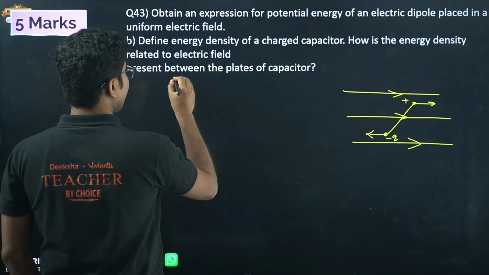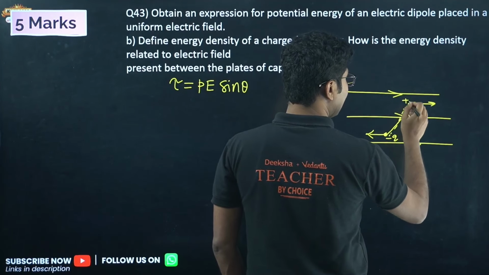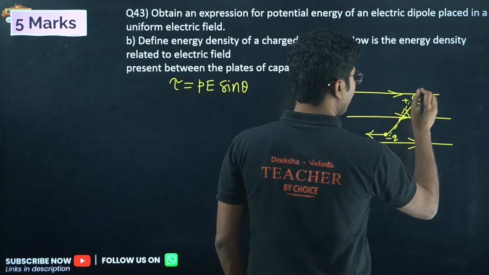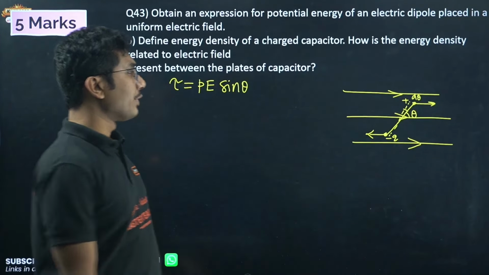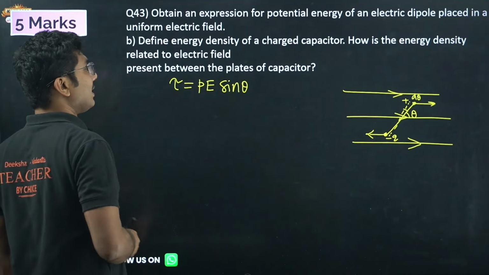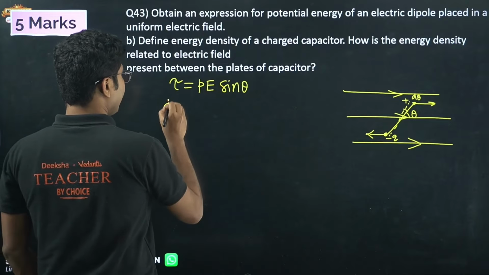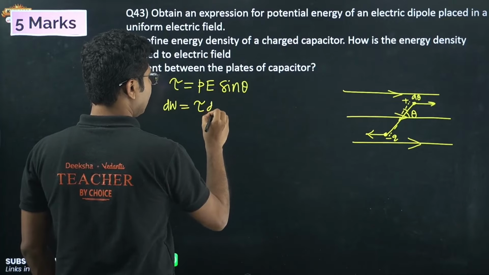Now, if the angle is theta, obviously, if you displace this dipole by a very small angle, say delta theta or d theta, what will be the work done to rotate this dipole by this small angle d theta? To rotate it by a very small angle, the work done is given by tau into d theta.